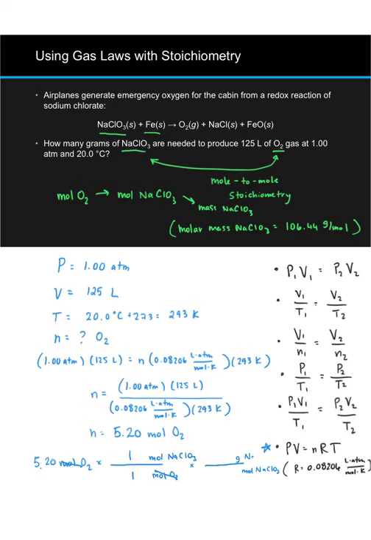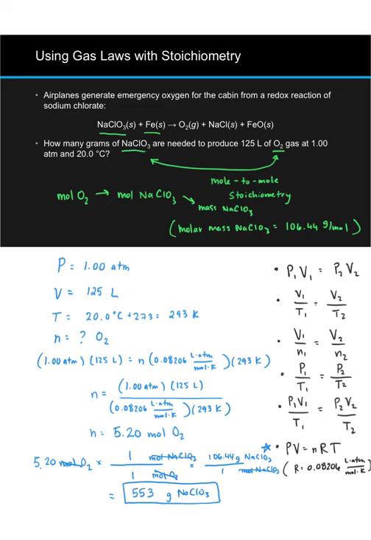For this, we'll take advantage of the molar mass we just determined, 106.44 grams in every 1 mole. As we multiply all of this through, we'll be left with grams of NaClO3 at the end. To 3 significant digits, the mass of sodium chlorate ends up as 553 grams.